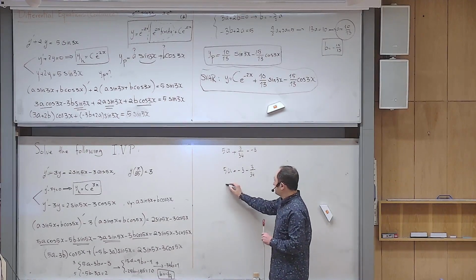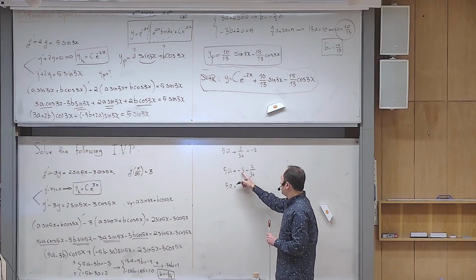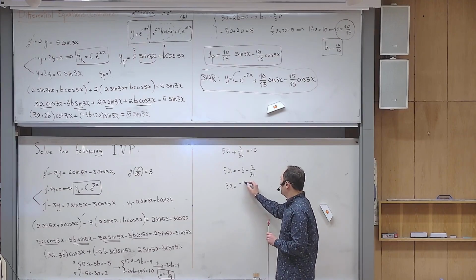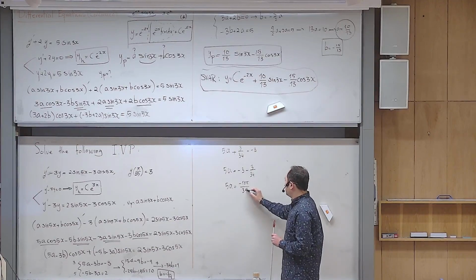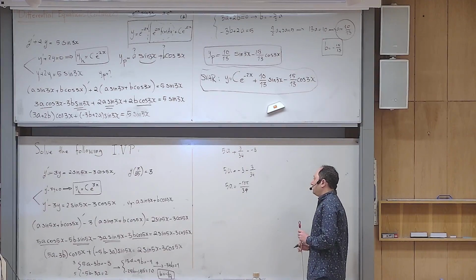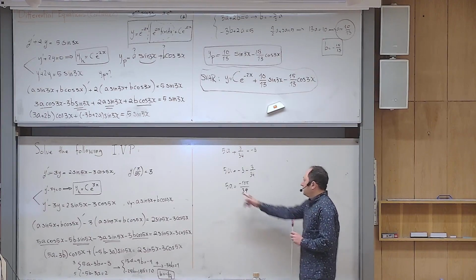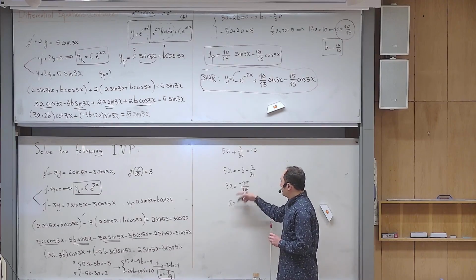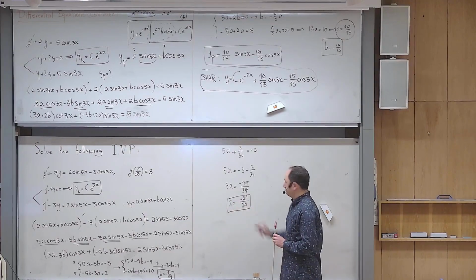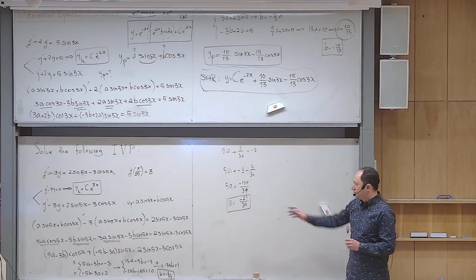So 5a is equal to minus 3 times that, which is 102 minus 105, divided by 34. Am I right? Yes. And then for a, I have to divide by 5, so I prefer to divide this by 5. So it becomes minus 21 divided by 34. Yes? This is just simple algebra.